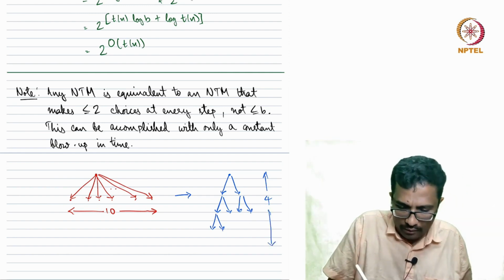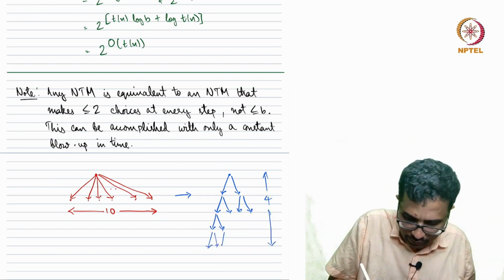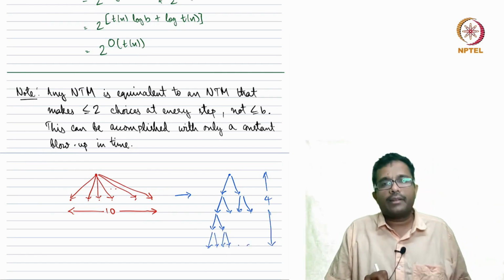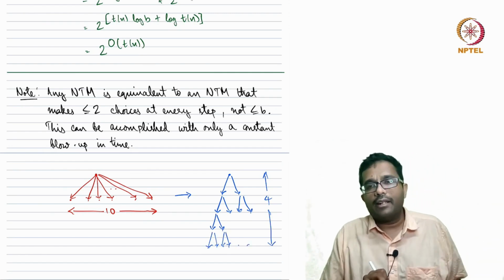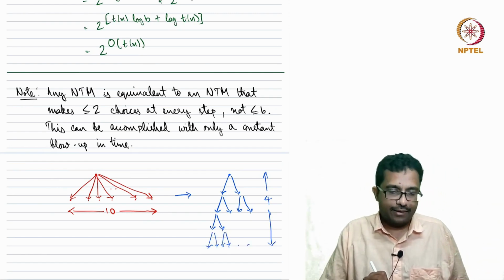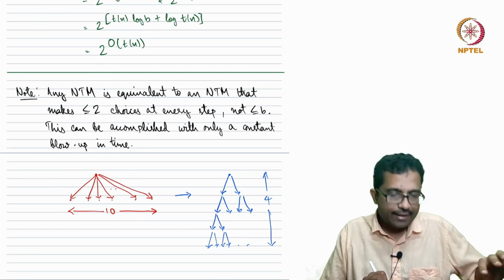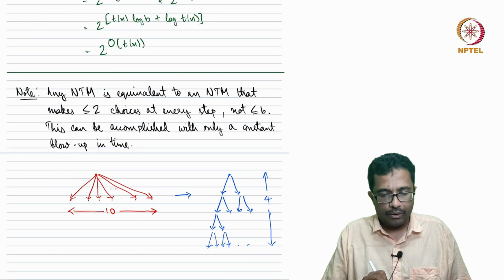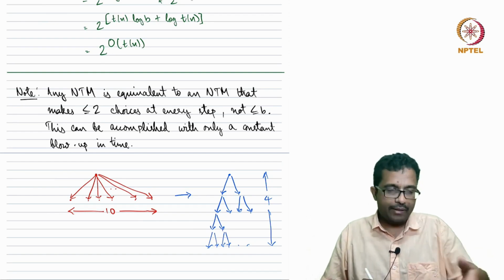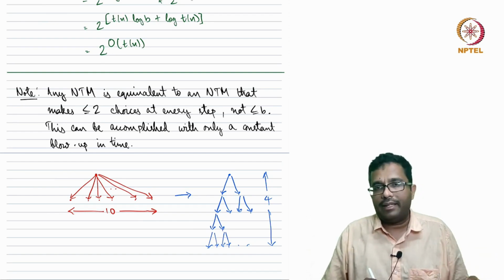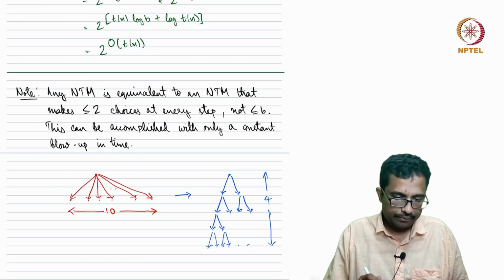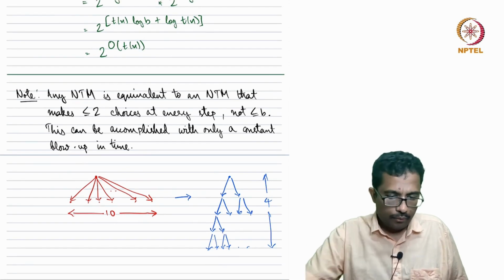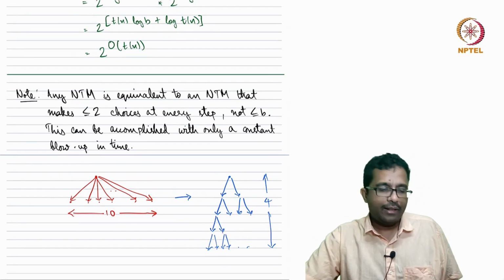So the height required is 4, which is again a constant. So it's just a constant blow up for the running time of the NTM. Initially, if it took T(n) time, now maybe it's T(n) multiplied by log B time, log B to the base 2. So asymptotically, it is the same.